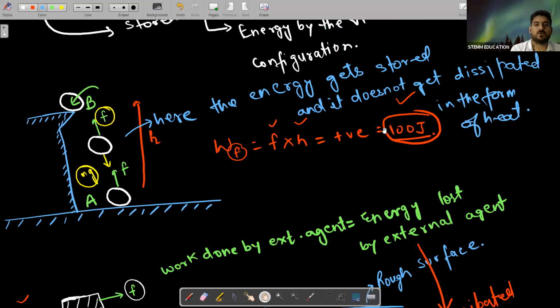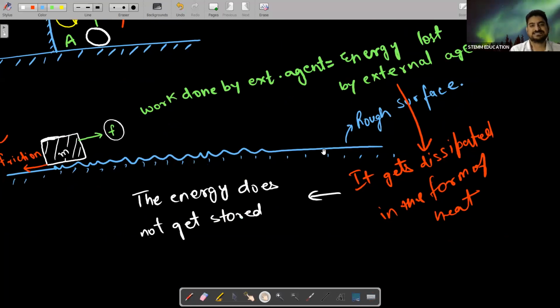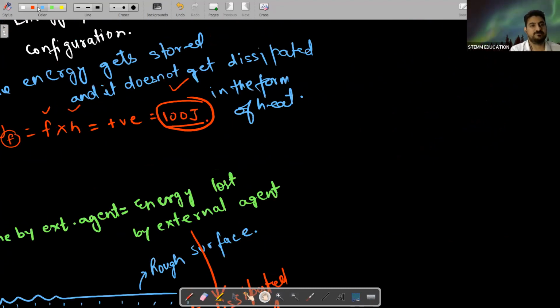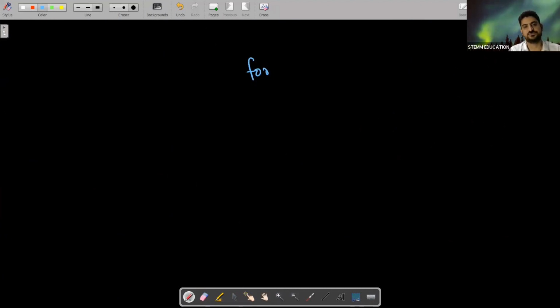Well, after discussing this concept, we can arrive at a conclusion that forces are of two types.